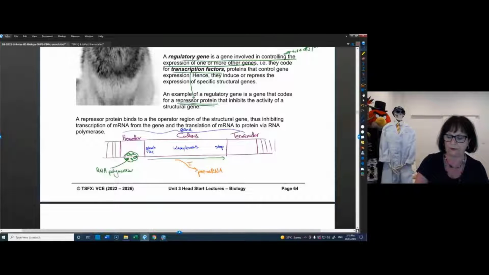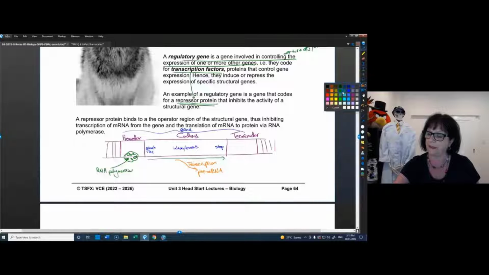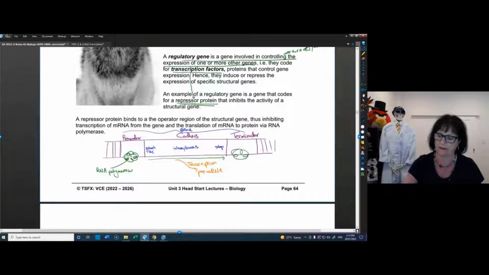And that is transcription. And then when the RNA polymerase gets to this end, it detaches because it's finished its transcription. So that's the process of transcription, if you like.